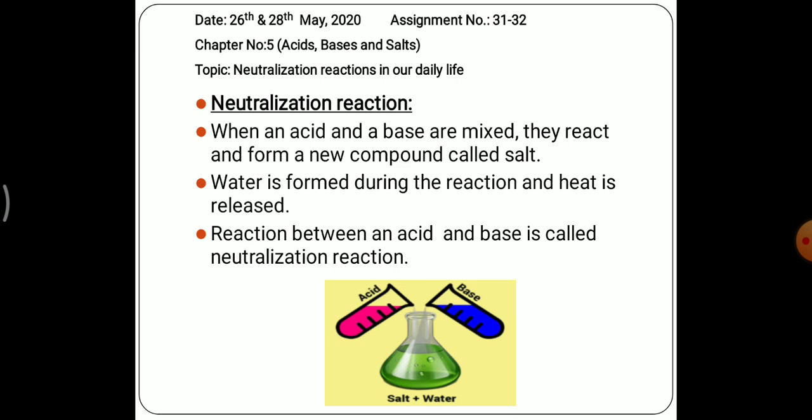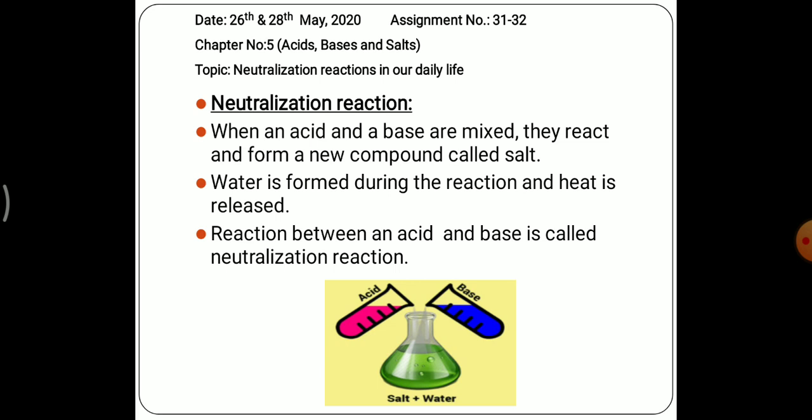So when this reaction occurs, what will happen? If you touch the conical flask surface, how will you feel? You will feel the beaker or the conical flask very hot. So what do you mean by this? Some heat is also released in neutralization reaction.